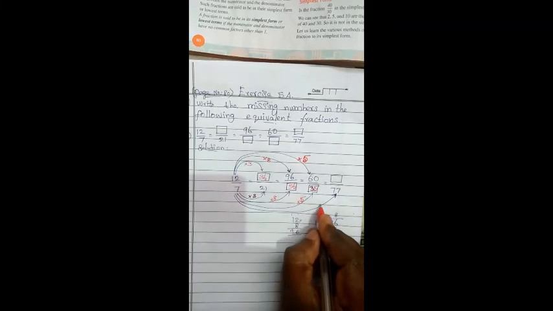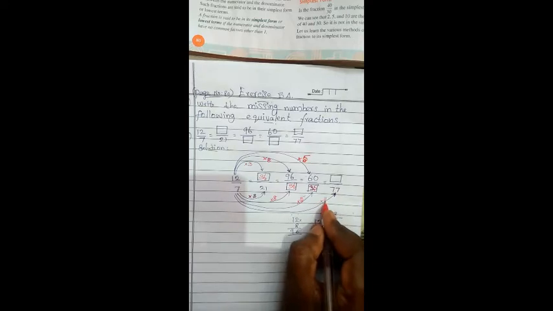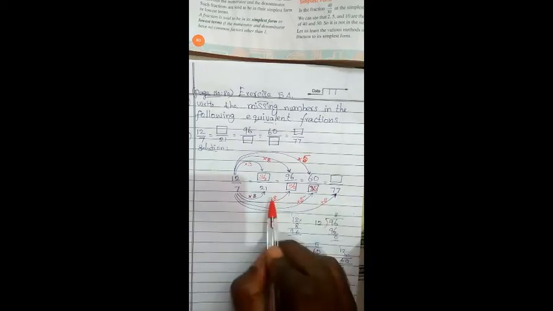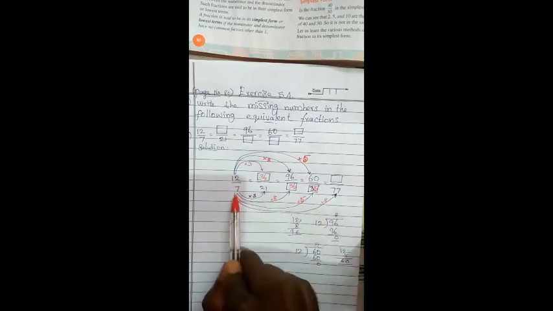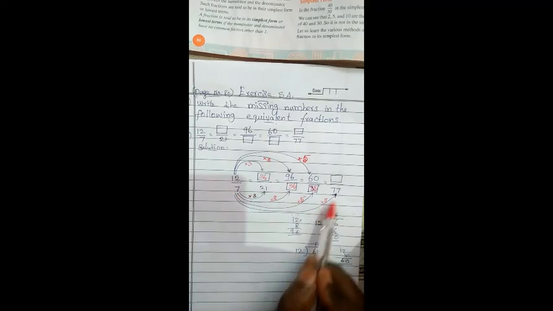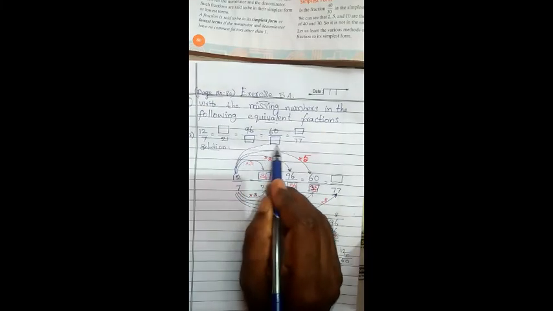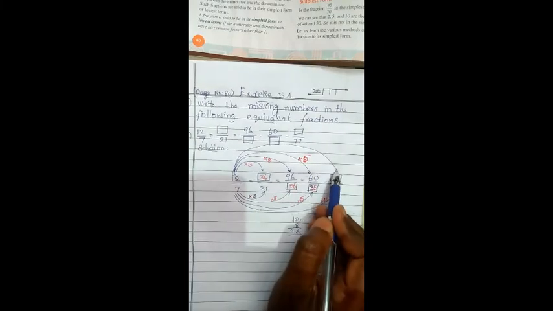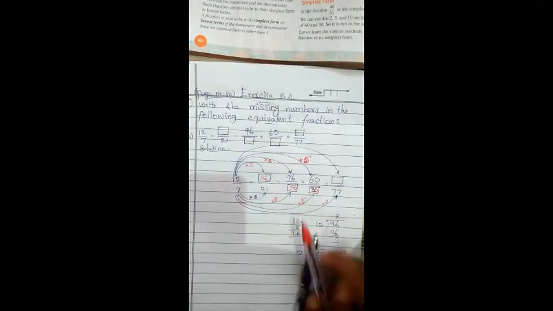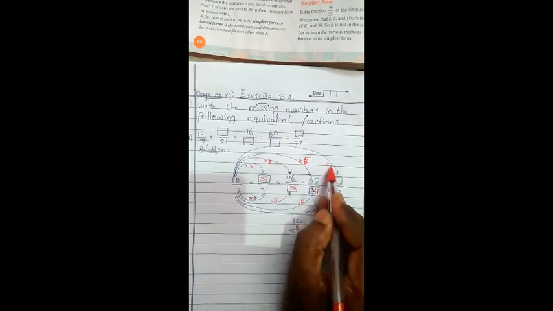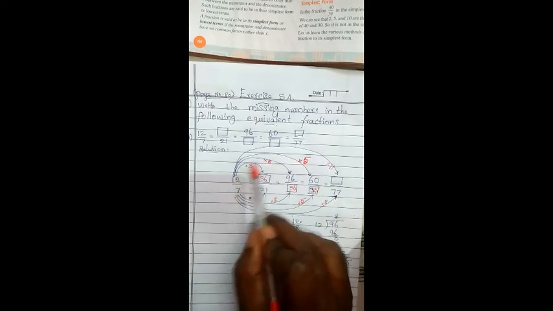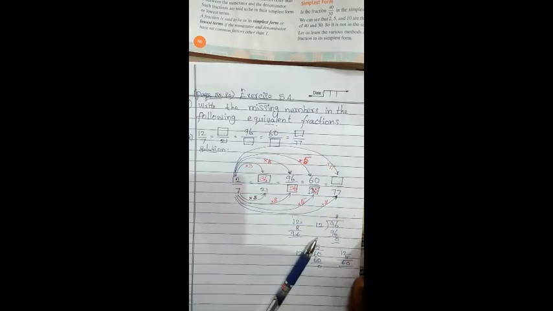If you multiply by 11, you get 77. 11 times 7, 77. Correct. Then you must multiply the numerator also by the same 11. 12 into 11. What is the answer? That is 132.